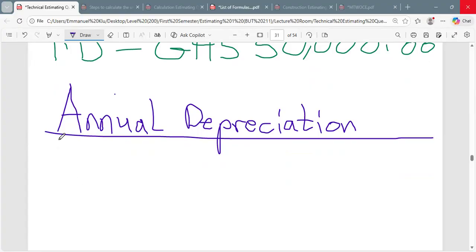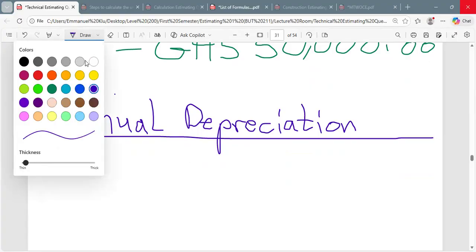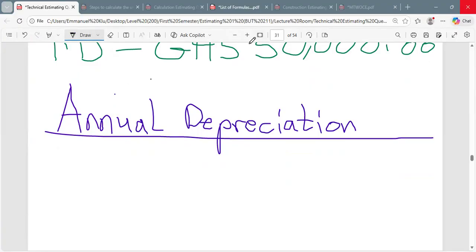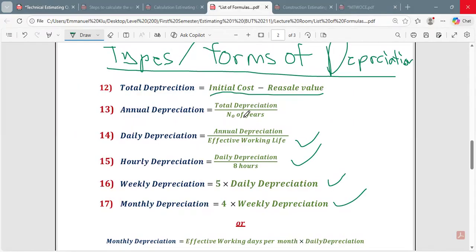Our annual depreciation is equal to the total depreciation over the number of years, as you are seeing over here.